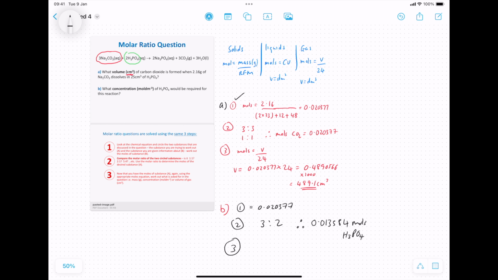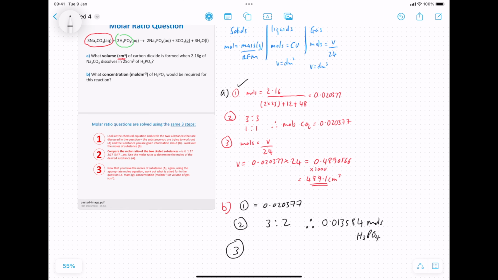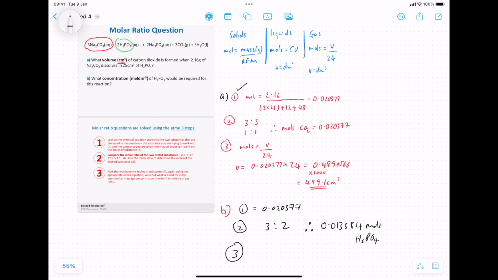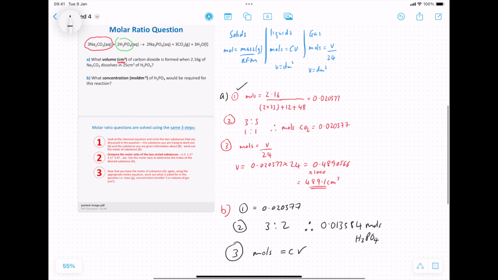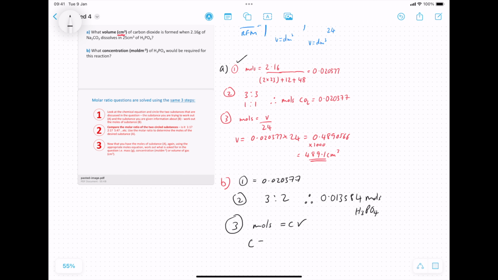Step 3. Now I can work out the concentration of the phosphoric acid. So I'm going to be using the liquids formula this time, liquid/solution. So moles equals CV. C equals moles divided by V. So the moles is 0.013584 divided by the volume.